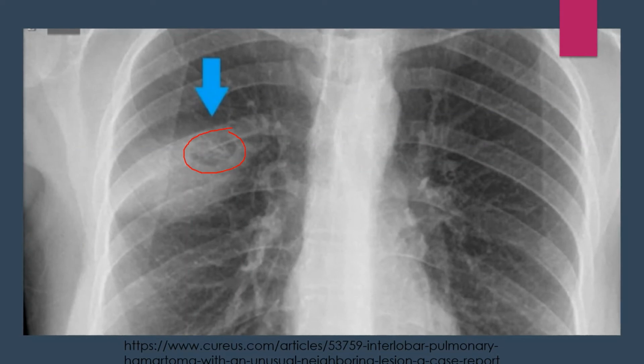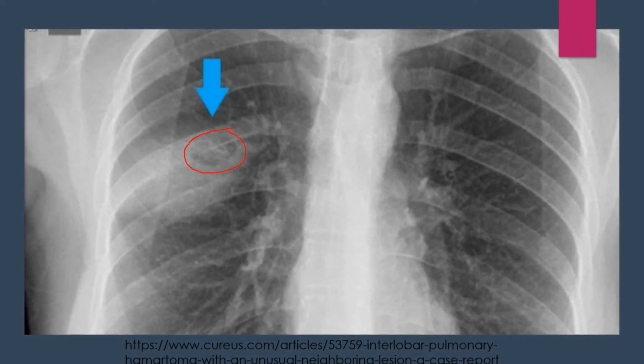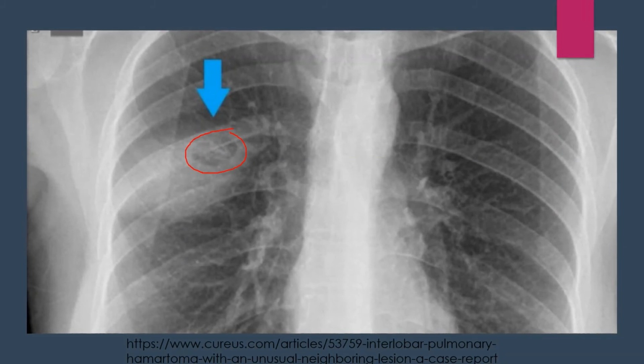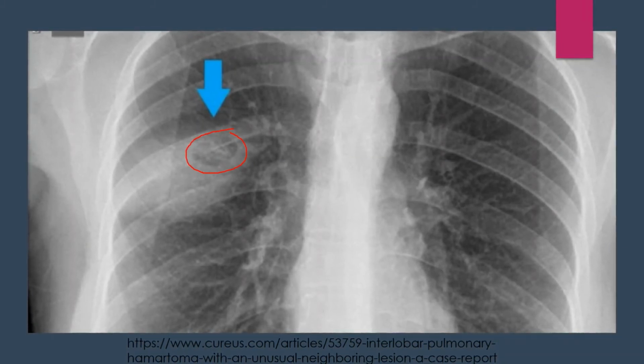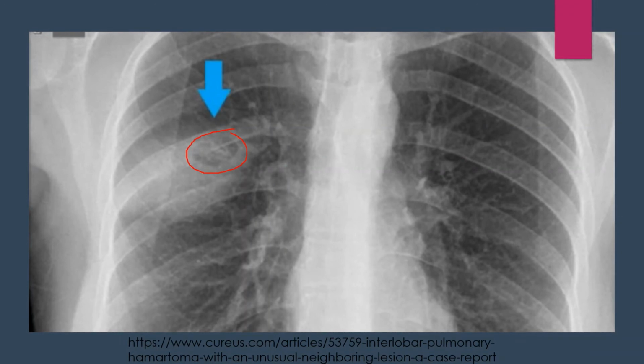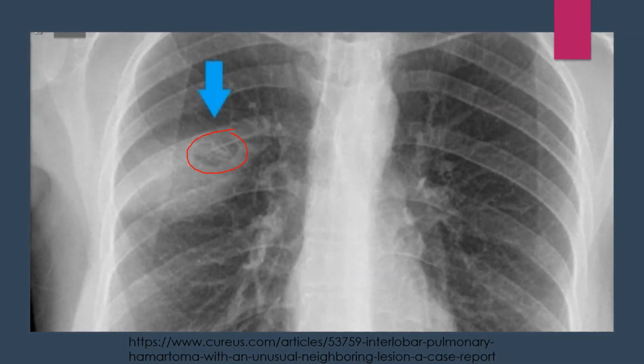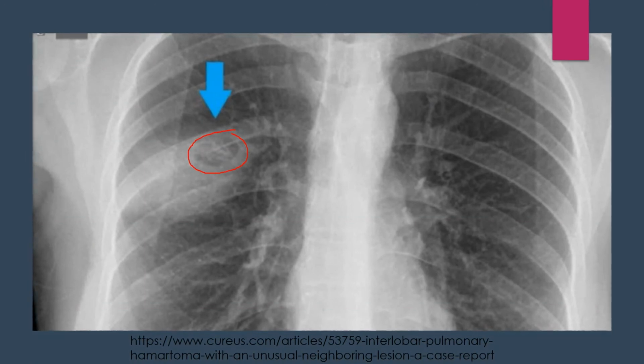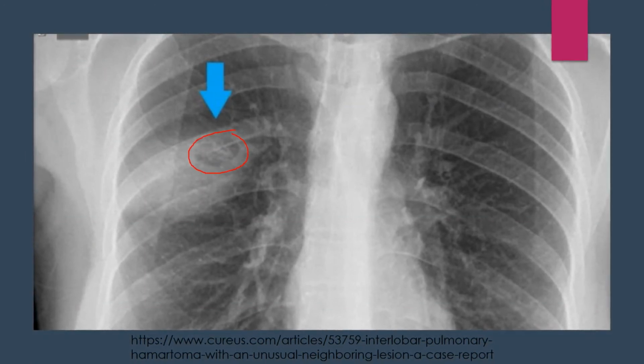This is still non-neoplastic. The other non-neoplastic one is the choristoma, which is normally arranged tissue at a different location. Remember, choristomas are a congenital anomaly.